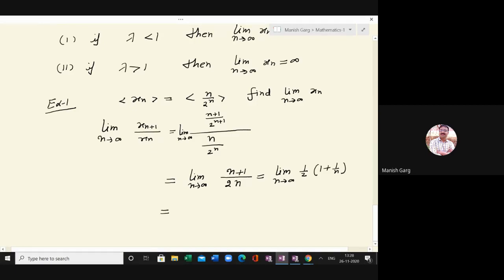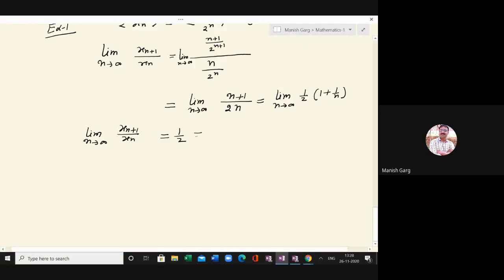If you take the limit, this is 1 by 2. Okay, so here this is lambda, which is less than 1. So by ratio test for sequence, since it is less than 1, you can write the limit as n tends to infinity of xn is equal to 0.